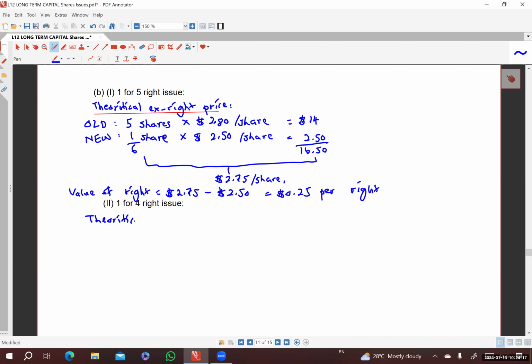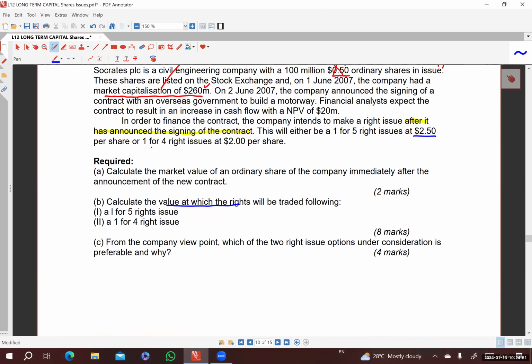For the 1-for-4 right issue, 4 old shares, 1 new share. Share price now $2.80. The new share issue price for the 1-for-4 is $2 per share.